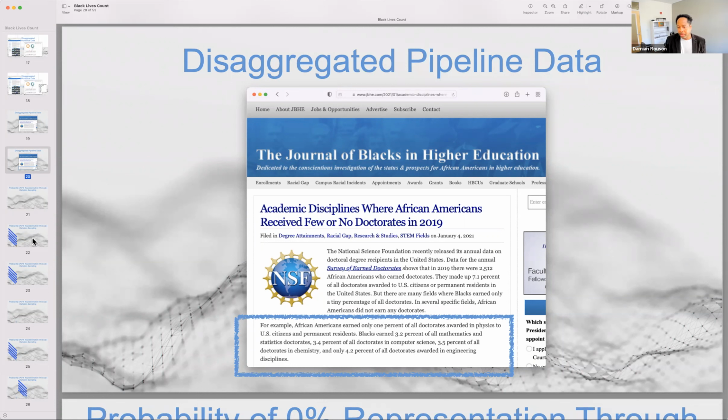Some fields are a bit higher, like 4.2% across all of engineering. There were some fairly specialized fields that actually were even at 0. So not too surprising that there's spread. But let's just take, even as a floor, we could imagine that if we average across all the fields, we're going to have at least 3% African Americans.